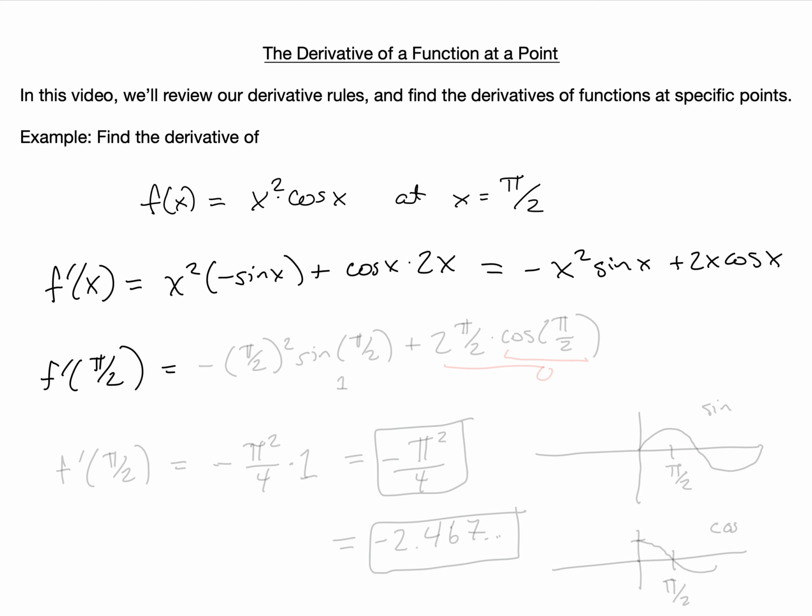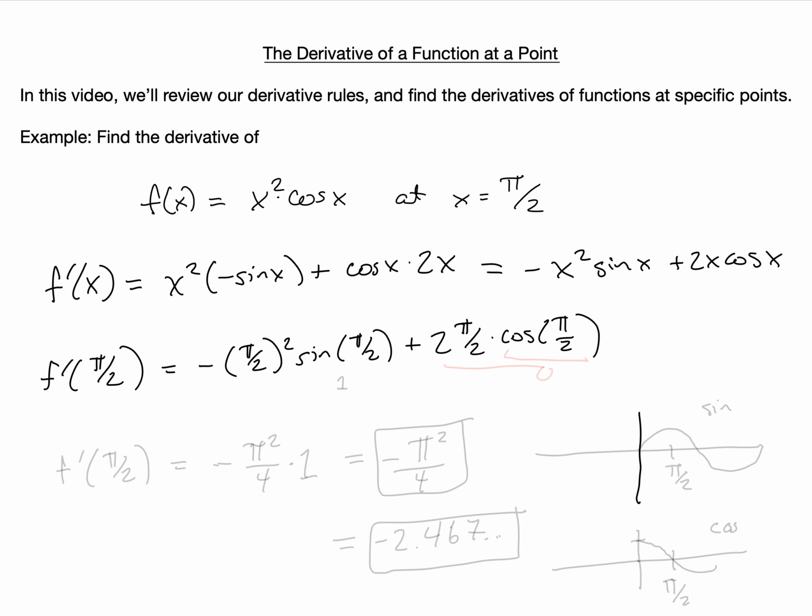So that's negative pi over 2 squared times sine of pi over 2 plus 2 times pi over 2 times cosine of pi over 2.